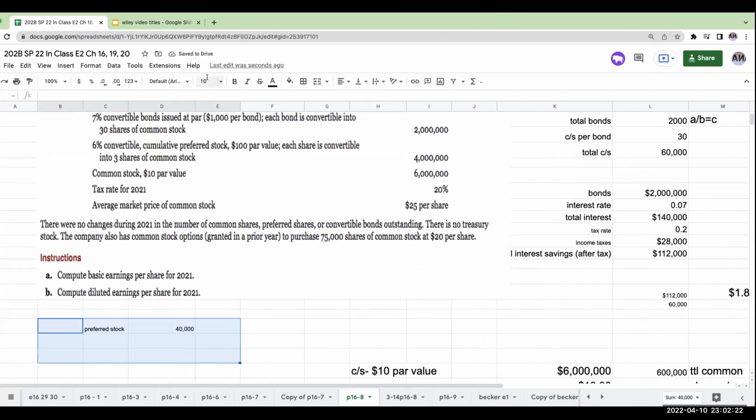We basically had 40,000 shares of preferred stock. 4 million divided by 100 par value means we have 40,000 shares. The way it's going to be convertible, every share converts into 3 shares of stock, so with 40,000 I'm going to get 120,000.